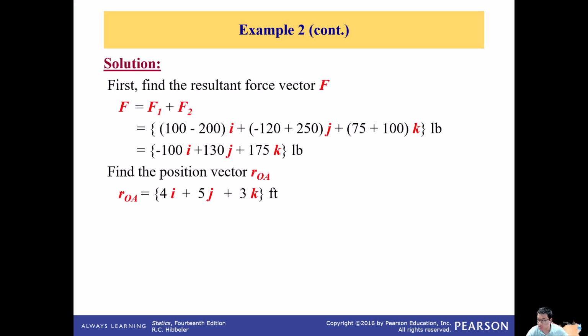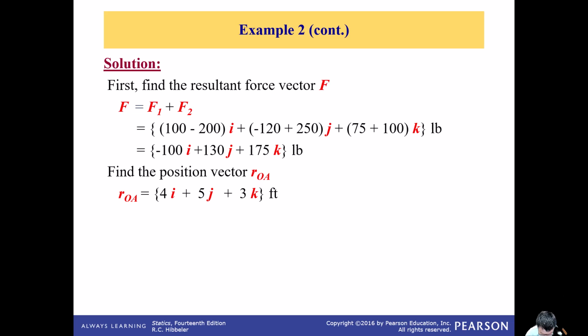First step is to find the resultant force of the vector F. So vector F1 plus vector F2 will be (100 minus 200) times i, plus (minus 120 plus 250) times j, and also (75 plus 100) times k lb.